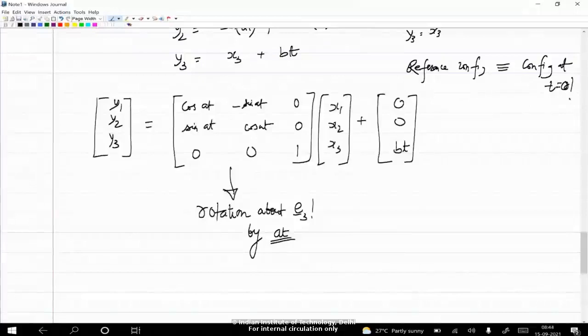The second part is simply moving it along the axis, along E3. So there is circular motion together with a translation along E3. That's why overall it's a helical motion.